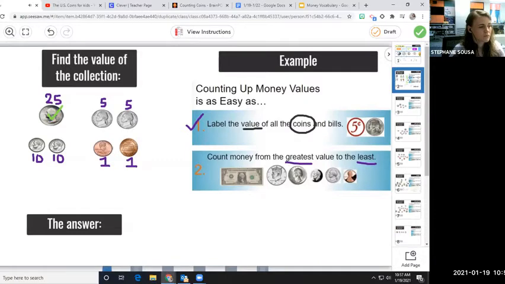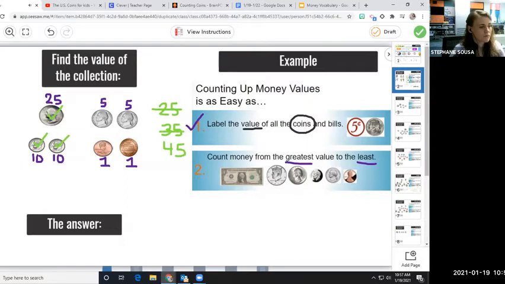So starting with 25, I'm going to count on 10, and notice that my tens place is going to increase to 35 cents. Now I have 35 cents. I'm going to count 10 more cents, and notice that my tens place is going to increase. Now I have 45 cents.